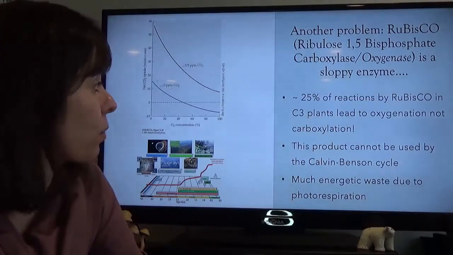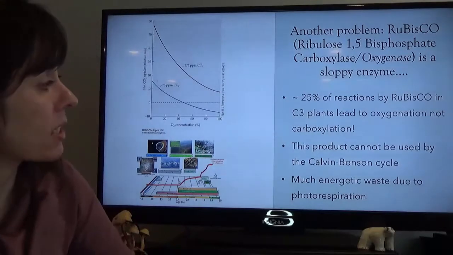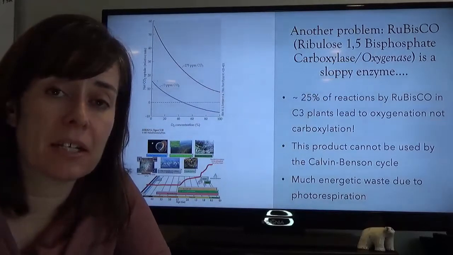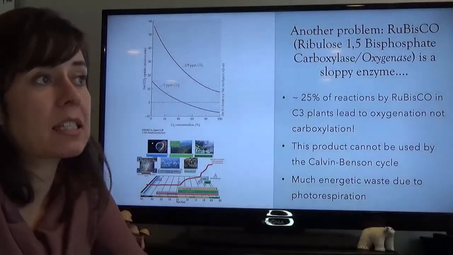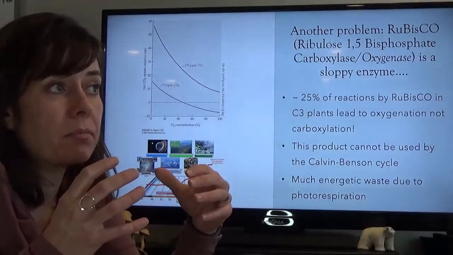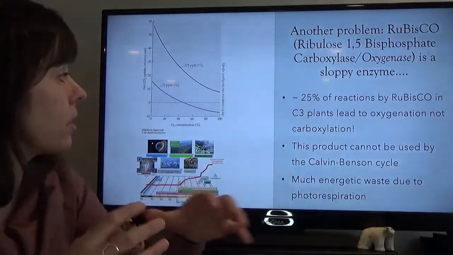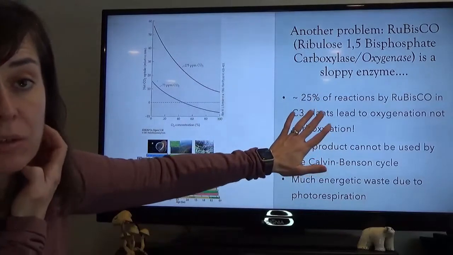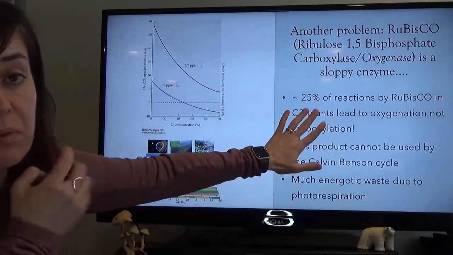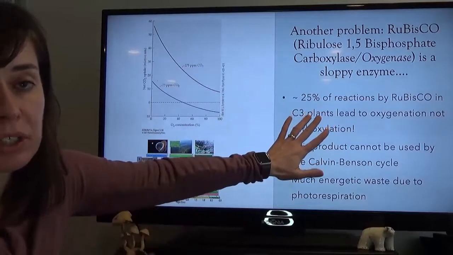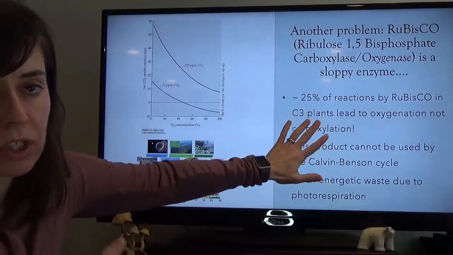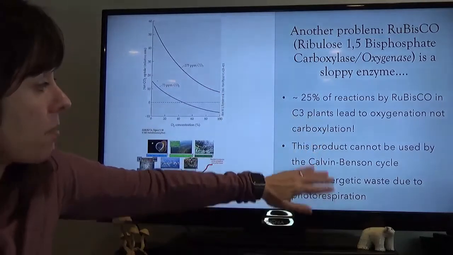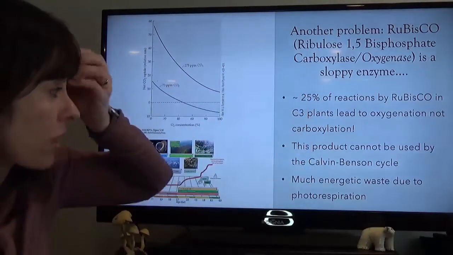And so we have what is referred to as photooxidation, where oxygen is taken up instead of carbon dioxide. When this happens, it is very costly to the plant. The photooxidative process does eventually lead to sugar production, but it reduces the efficiency of those reactions by about 25%.